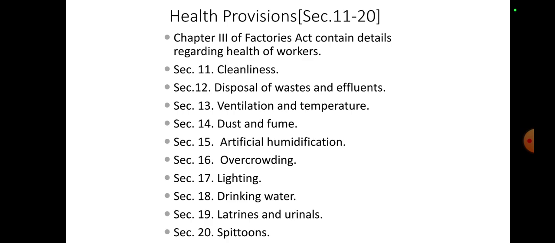So these are the usual working conditions that we see. Any clean maintenance of that always leads to good health conditions or a healthy atmosphere.